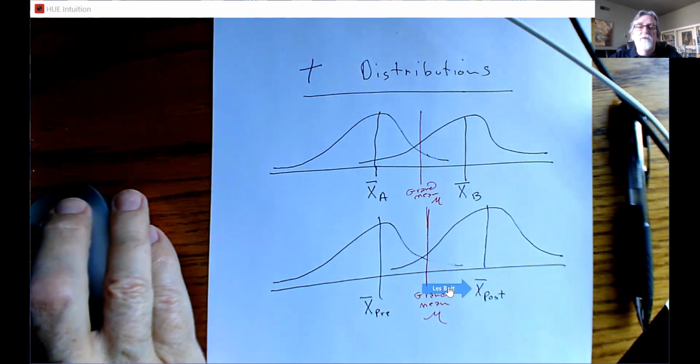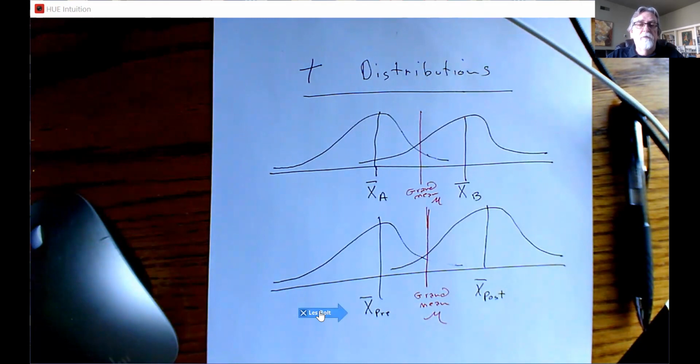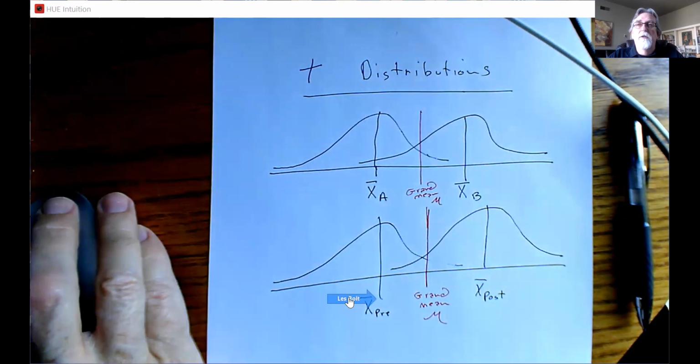If this lies within the 95% range of all possible differences between individual subjects' scores pre and post, then we say that's just a random difference. If it lies outside of that middle 95%, then we say it's a significant difference. And that's a paired t-test, P-A-I-R-E-D, paired t-test.